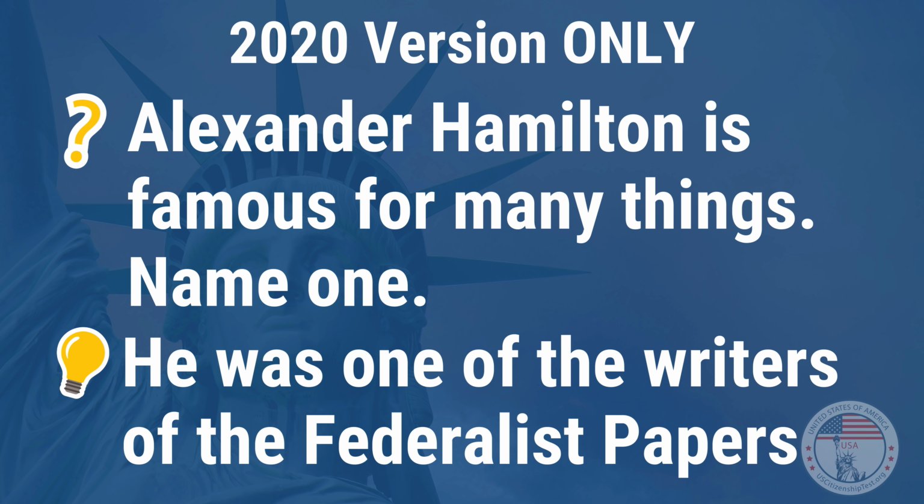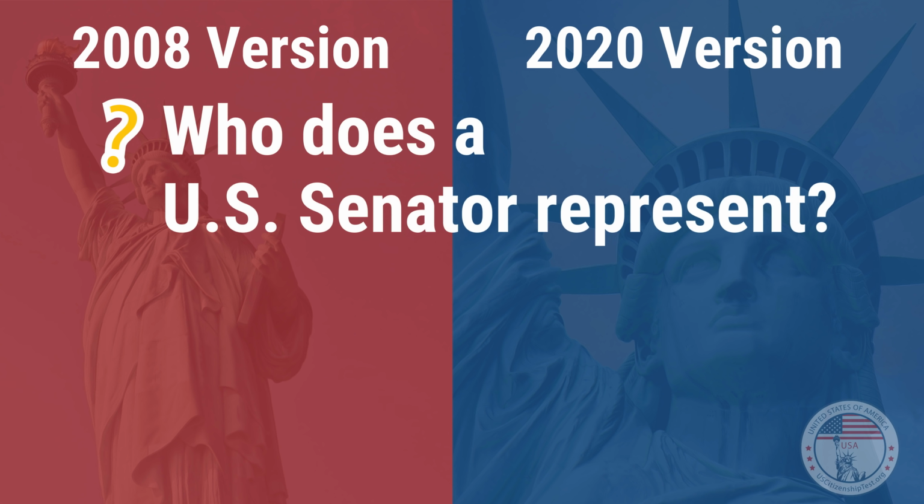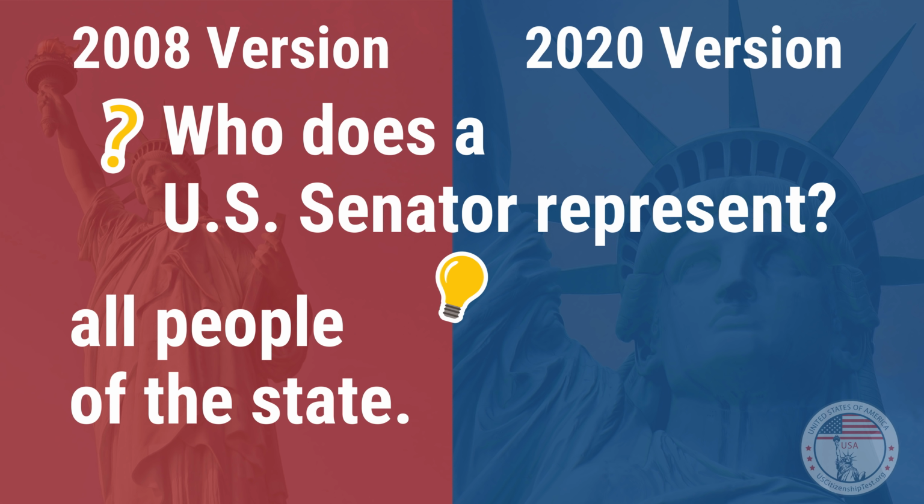A few more things we want to mention. First, focus on the word citizen. The new questions in the 2020 version emphasize citizens a lot. For example, this question is in both the 2008 and 2020 version. Who does a U.S. Senator represent? The official answer in the 2008 version is all the people of the state.